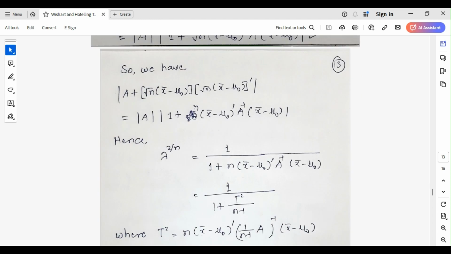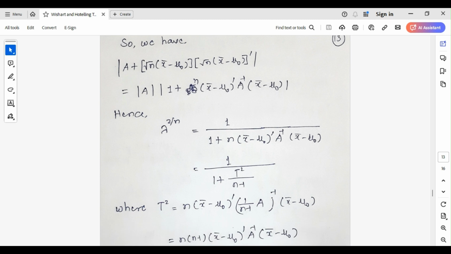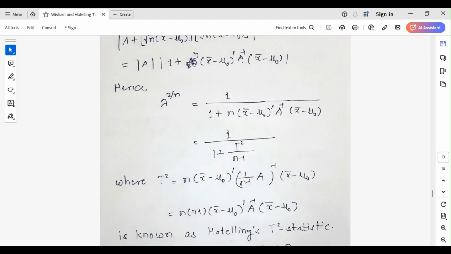So determinant A will get cancelled in the numerator and denominator, and we get lambda raised to 2 by n equal to 1 upon 1 plus n times (x bar minus mu naught) transpose A inverse (x bar minus mu naught), which is equal to 1 upon 1 plus t square by n minus 1, where this t square is written like this.